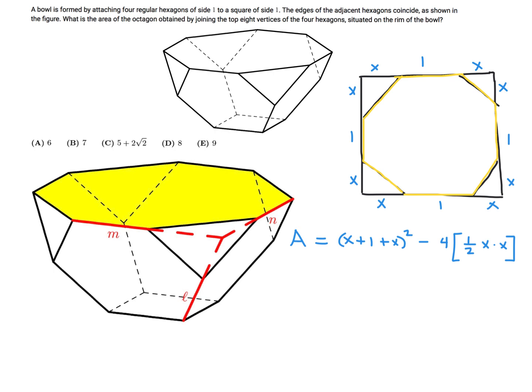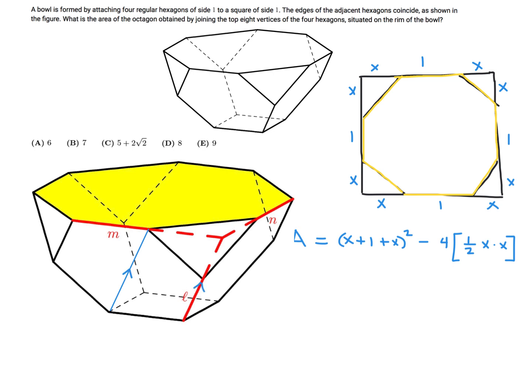So what I will do is look at this figure right here and draw something that hopefully will help. I'm just going to draw this one line like that. And that one line that I drew is parallel to this line right here.